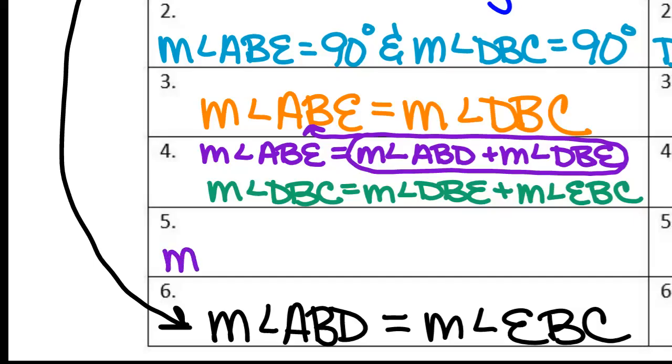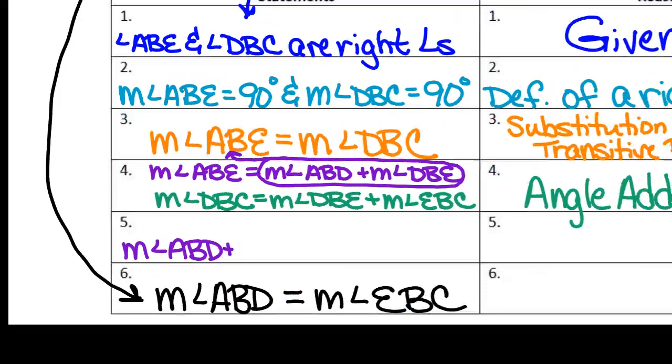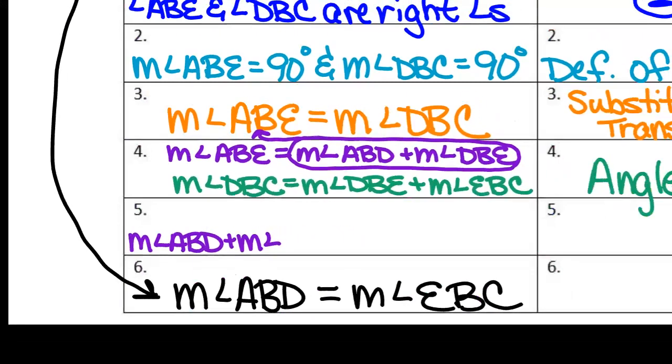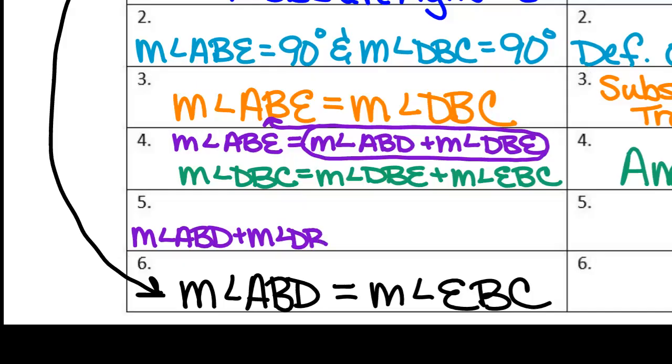So I have the measure of angle ABD plus, I'm going to need more room if I'm going to fit this all in, the measure of angle ABD plus the measure of angle DBE equals, on the right hand side of the equal sign, where I'm trying to get to has EBC. Do you see EBC anywhere else up here? Second equation.